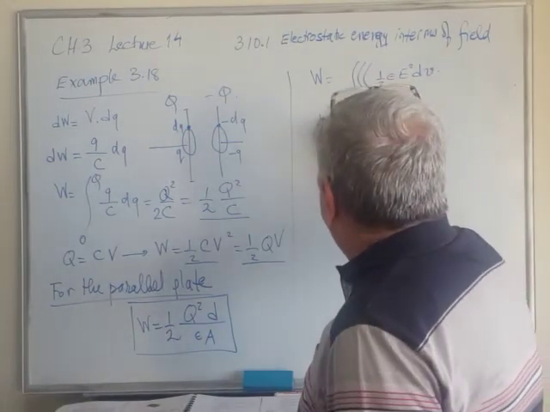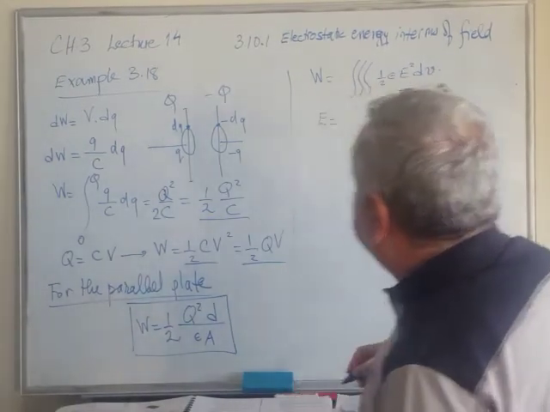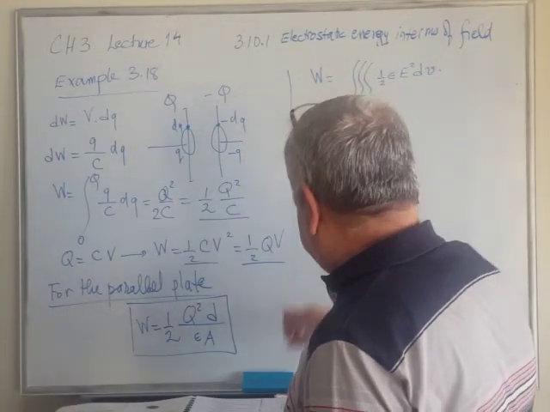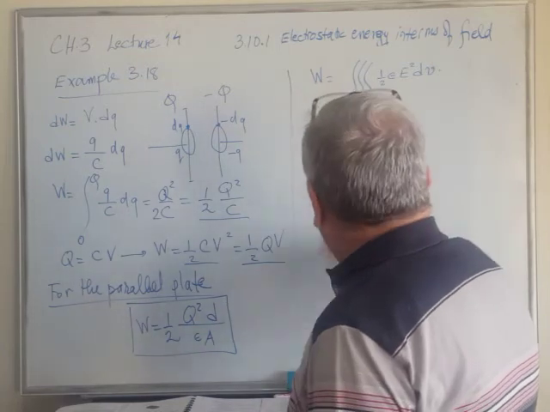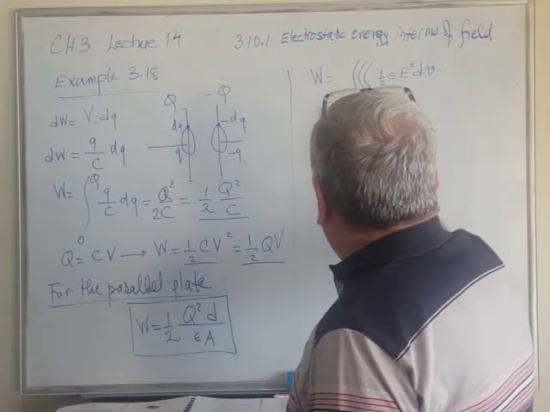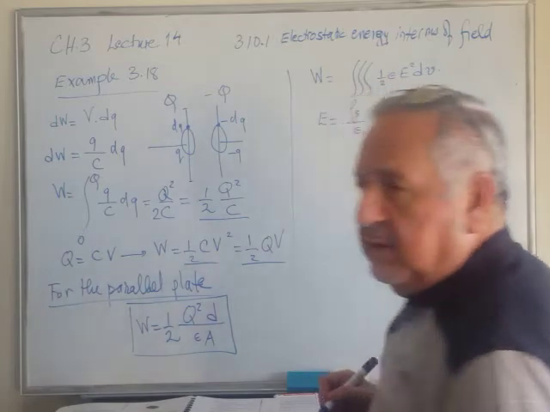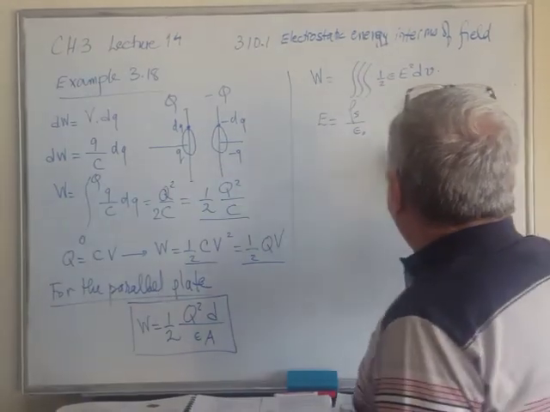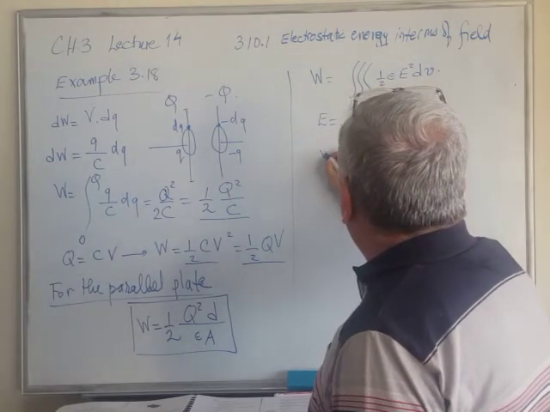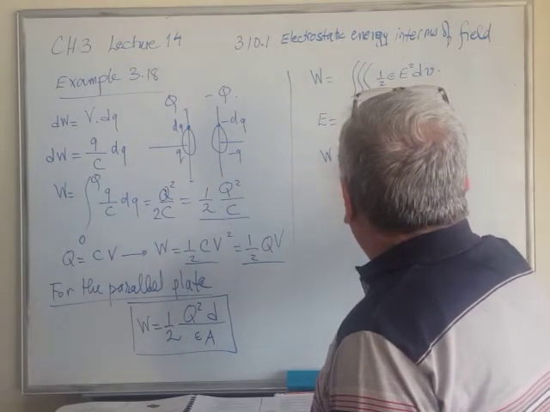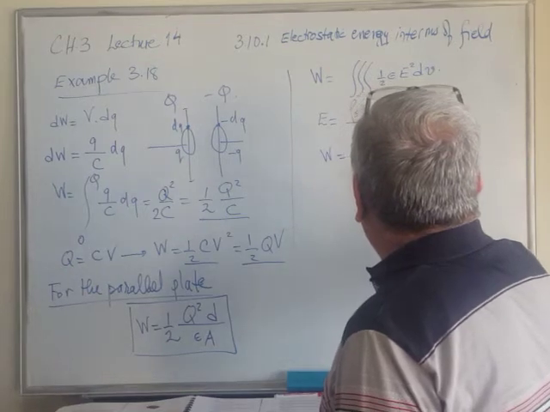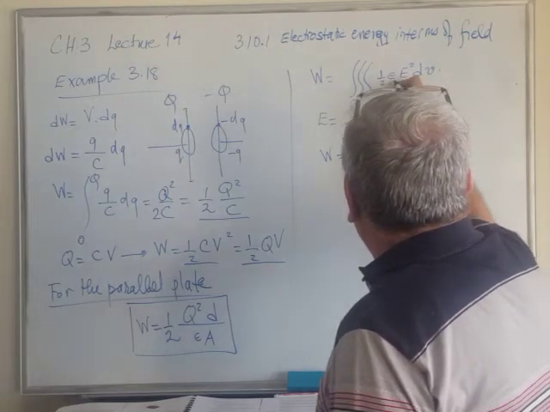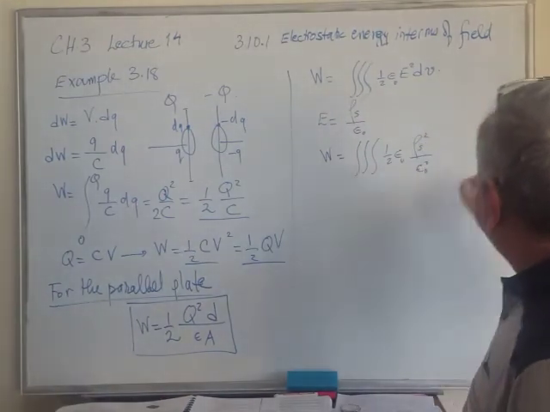What is the value of the electric field between the plates? We know that the electric field between the plates of a parallel plate capacitor is sigma s over epsilon 0. Okay? Because it's the field due to this and that. This means that W will be the triple integral of half epsilon rho s squared over epsilon 0 squared dV.